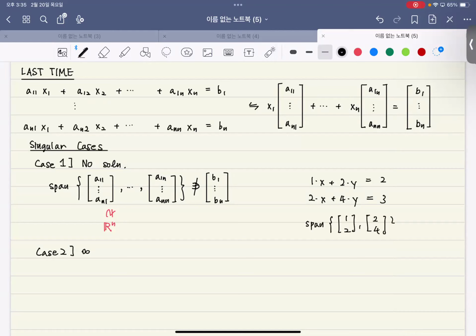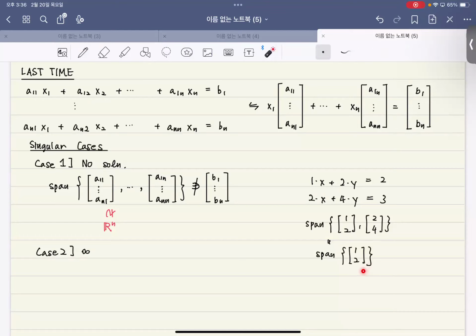But as you can clearly see from here, I don't need this, because the second vector can be achieved by a linear combination of the first vector. So this is just the span of (1, 2).